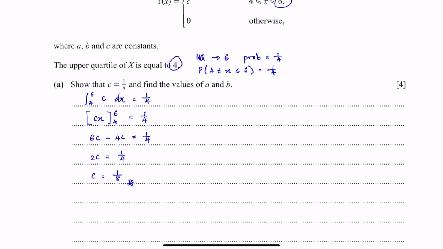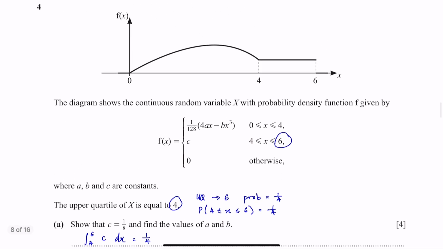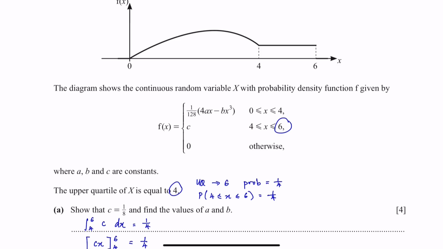And now we need to find the values of a and b. So for this point, we call it f(4), and we can see that when we sub 4 into this function, we get f(4), right? And when we sub 4 into this function, we get f(4) as well.